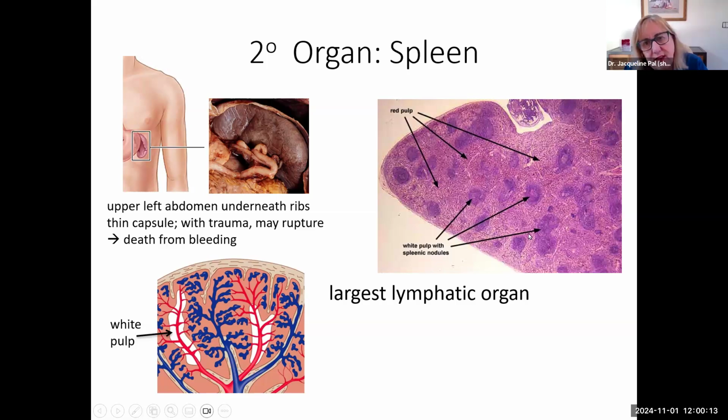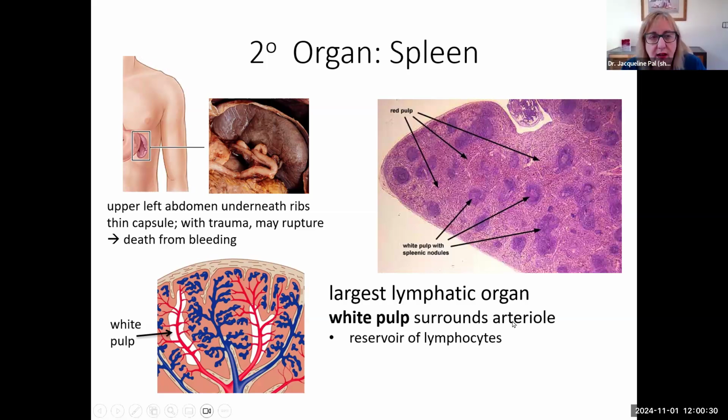So what is white here is actually these dark circle areas, which represent what in other tissues we would call lymphoid nodules, but because we're in the spleen, they're called splenic nodules. And so the white pulp, which surrounds the arteriole, is a reservoir of lymphocytes just hanging around, waiting to see if they're going to be called to duty.